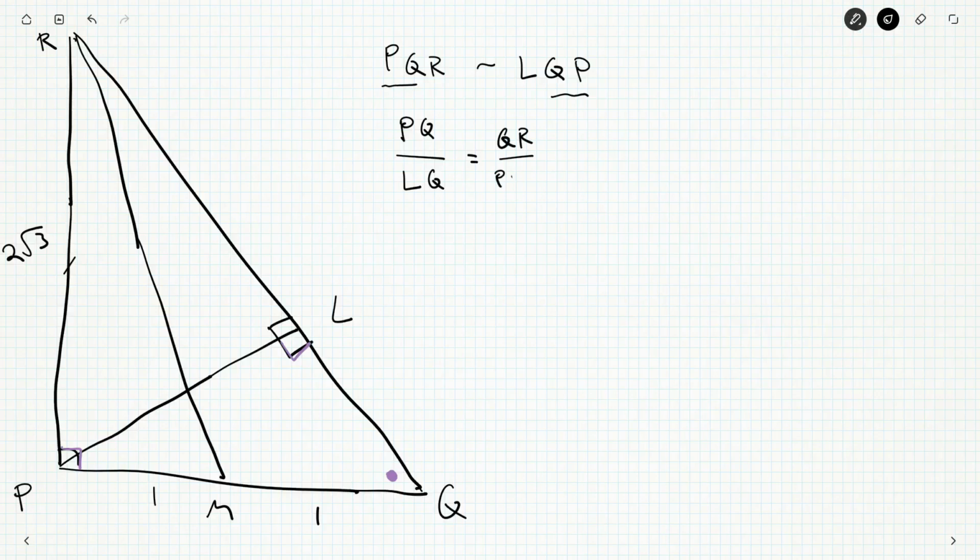So we've got PQ down here. So that tells me PQ squared will be LQ times QR.